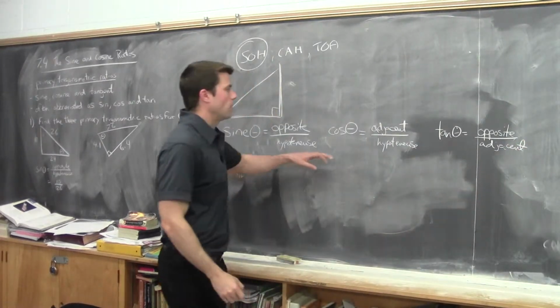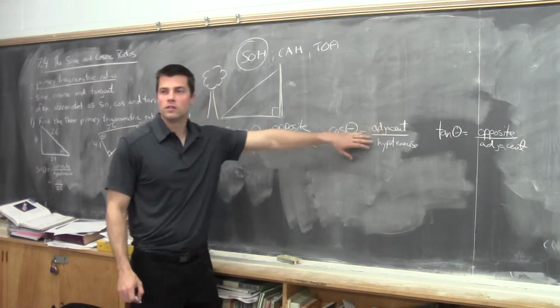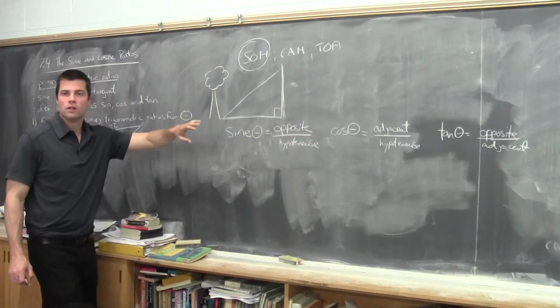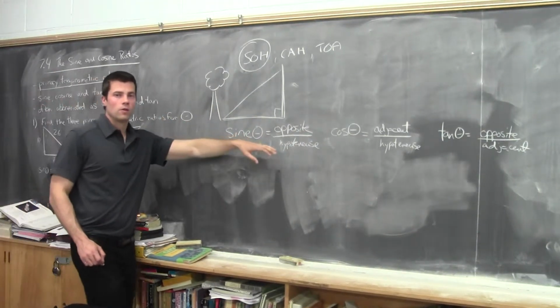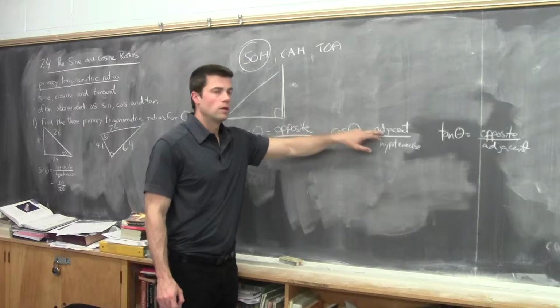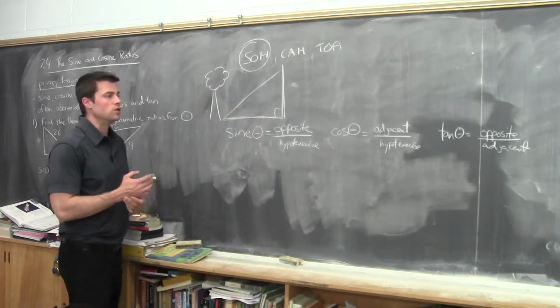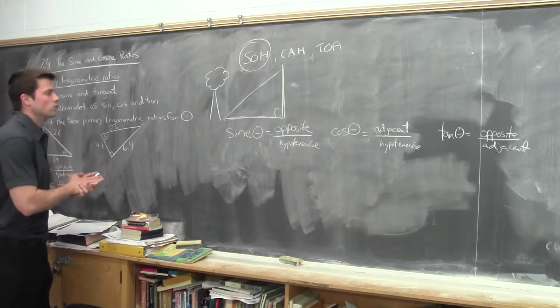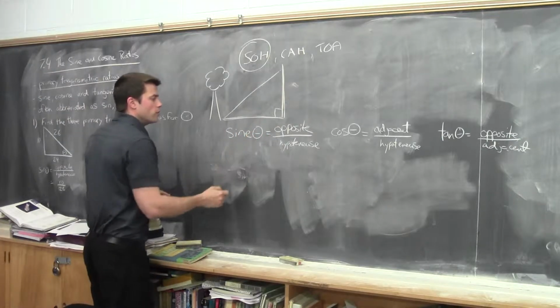This word is coming up again for cosine, adjacent. Who can tell me what that word means? Lucas, you remember? If it's right next to it? Yeah, next to it. Good. So that's what adjacent means. It comes up again for cosine. Opposite we know, and hypotenuse we know.